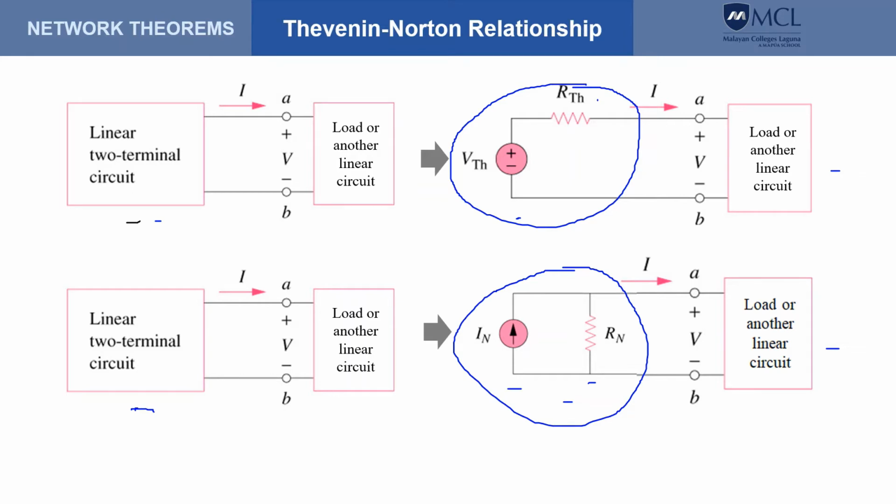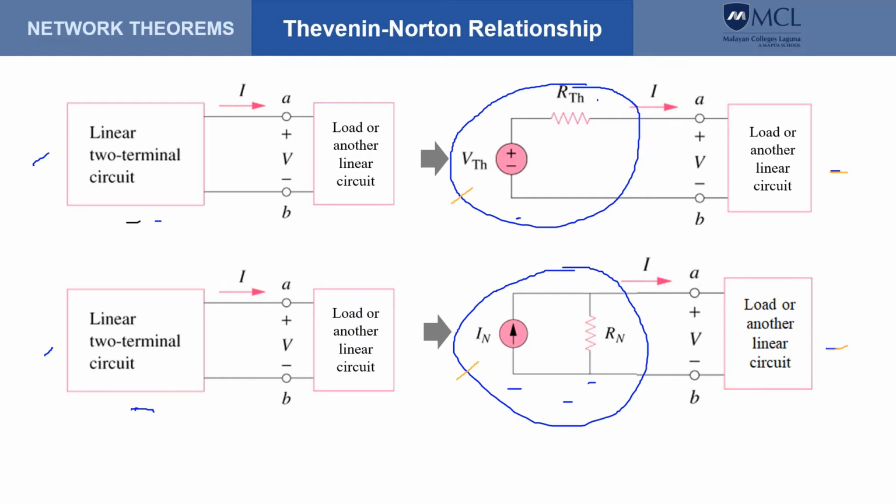Since we're talking about the same linear two-terminal circuit, we can conclude that the Thevenin's equivalent circuit is equal to the Norton's equivalent circuit as far as the load is concerned.